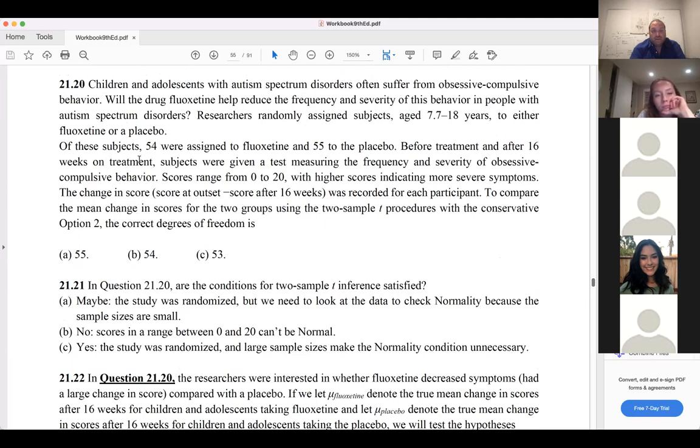Before treatment and after 16 weeks of treatment, subjects are given a test measuring the frequency and severity. High scores indicate more severe symptoms, so they're going to be pretty high in the beginning. But they're talking about the change in score. That's what was recorded. So if the drug is working, the change should be larger. That's the way I see it.